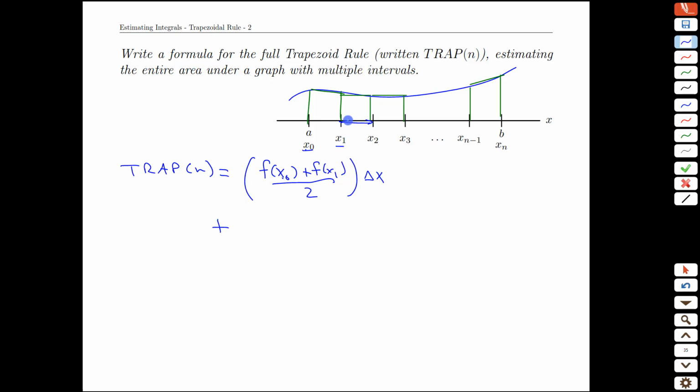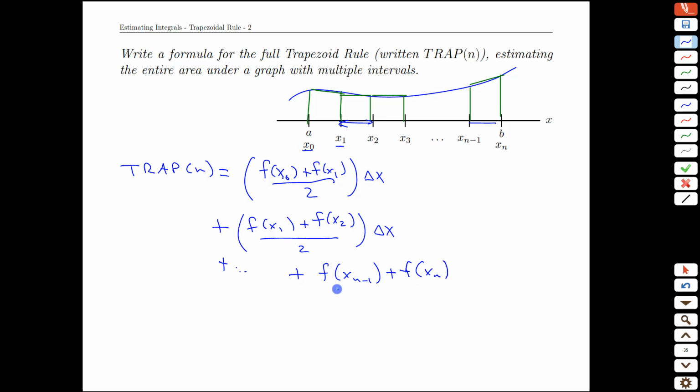Then you do the same thing again using x1 and x2. Average those heights then by adding them, dividing by 2, and so on until we get to the last interval, f of xn minus 1, add that to f of xn, and divide that by 2 to get an average height, and multiply by the width. So that's a perfectly acceptable form for the trapezoidal rule.